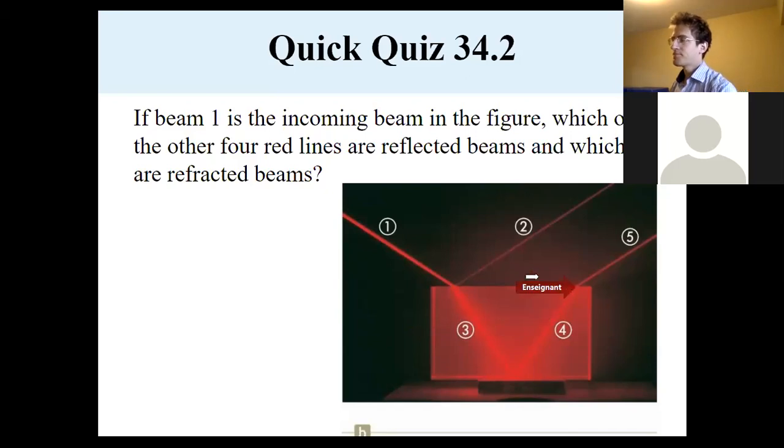And then at this interface, it looks like most of it just refracts out. And you can see clearly how, if you look at the angle of incidence, it's smaller. The angle that ray 4 makes is, you can kind of tell, a smaller angle than the angle here that ray 5 makes with the normal.